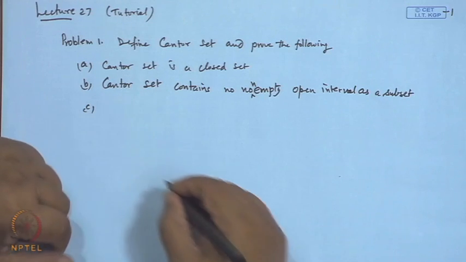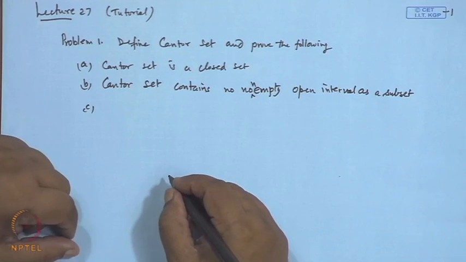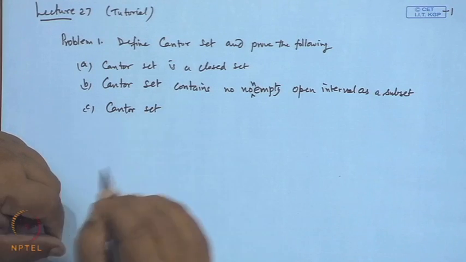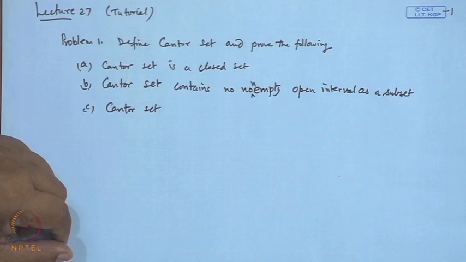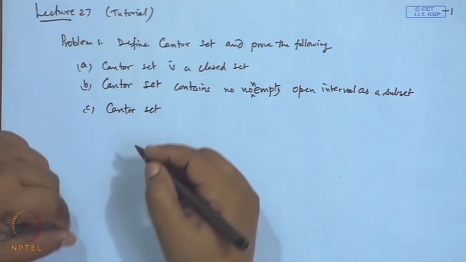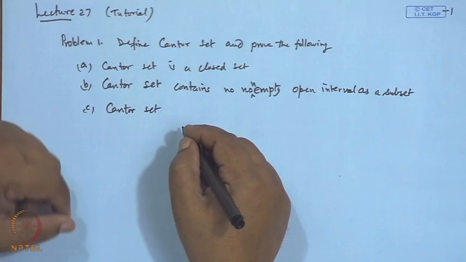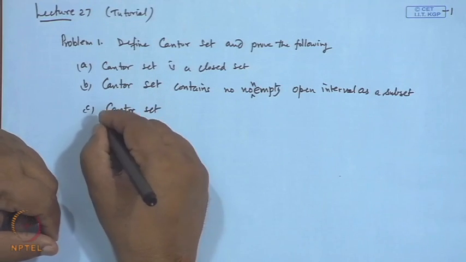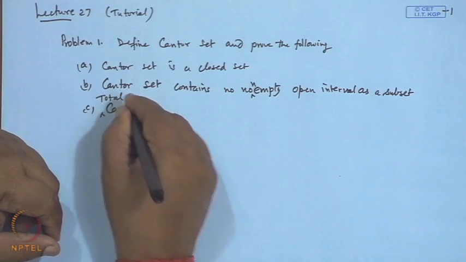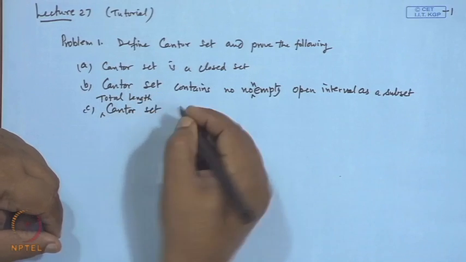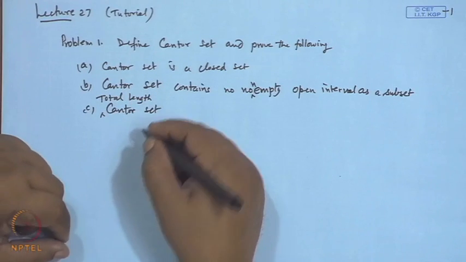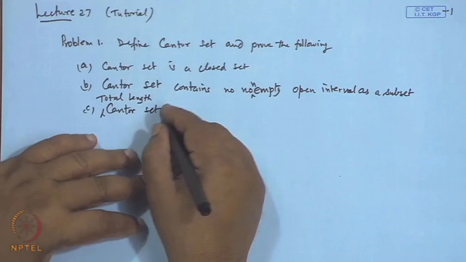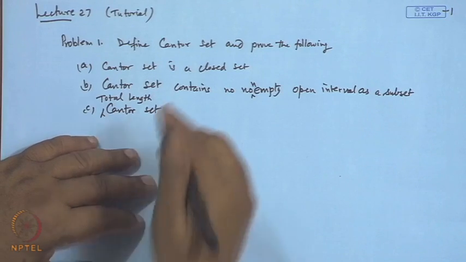As the third point, we want to prove that the Cantor set has length zero. The total length of the Cantor set is 0.